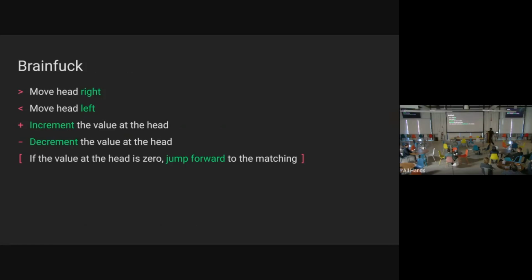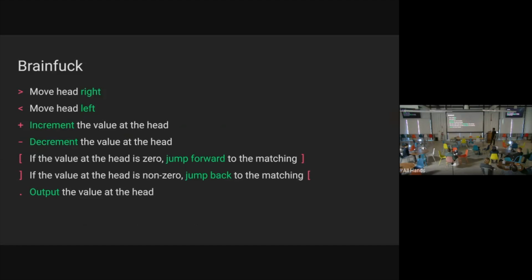And then these characters, so the open bracket, if the value at the head is 0, jump forward to the matching close bracket. And then the close bracket is if the value at the head is non-zero, jump back to the matching open bracket. So here we've defined our jumping behavior.